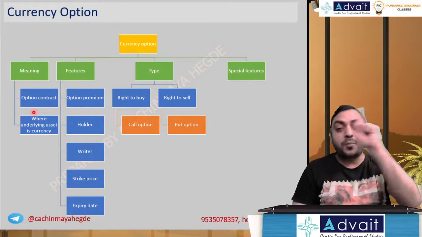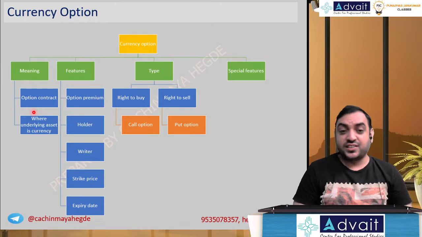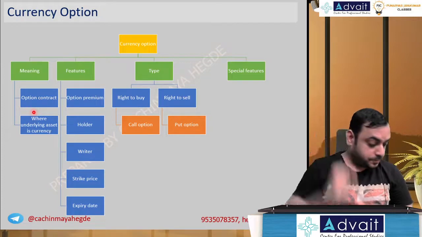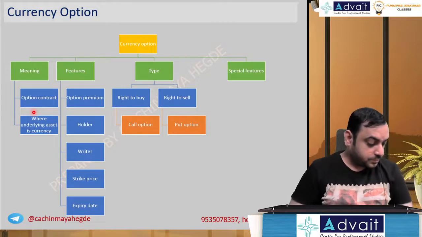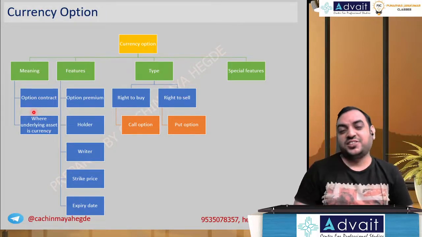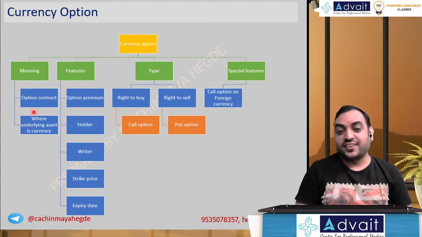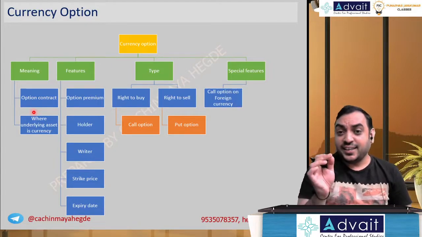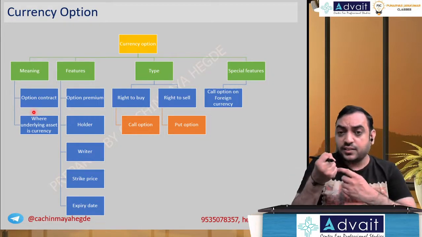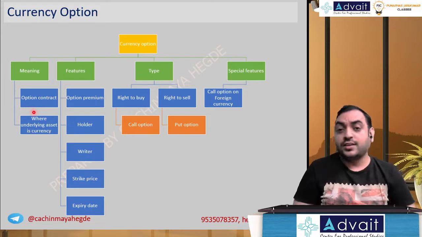But apart from all these regular features, in currency option there is one special feature, very interesting one. See, if the underlying asset is a share, you have right to buy the shares. It's called a call option.